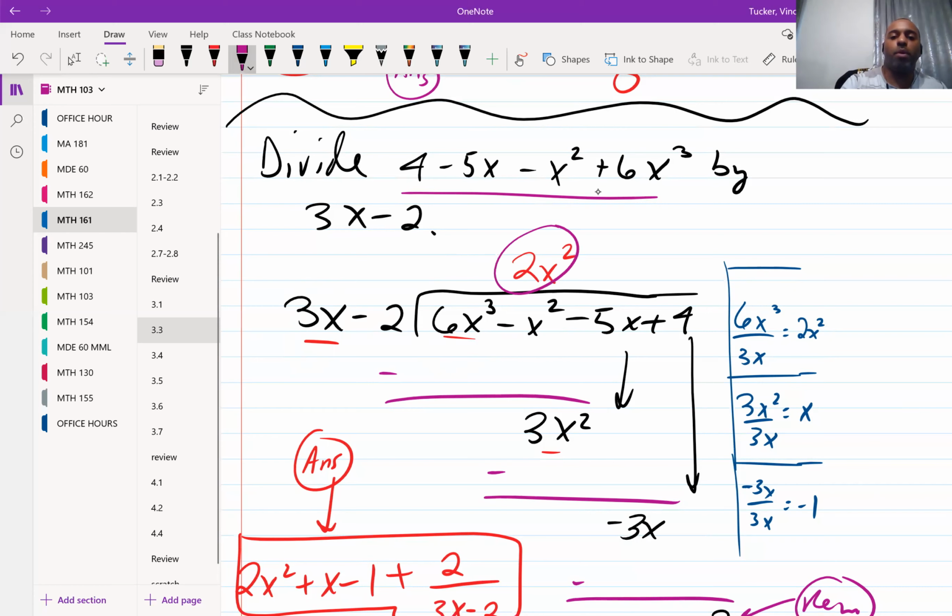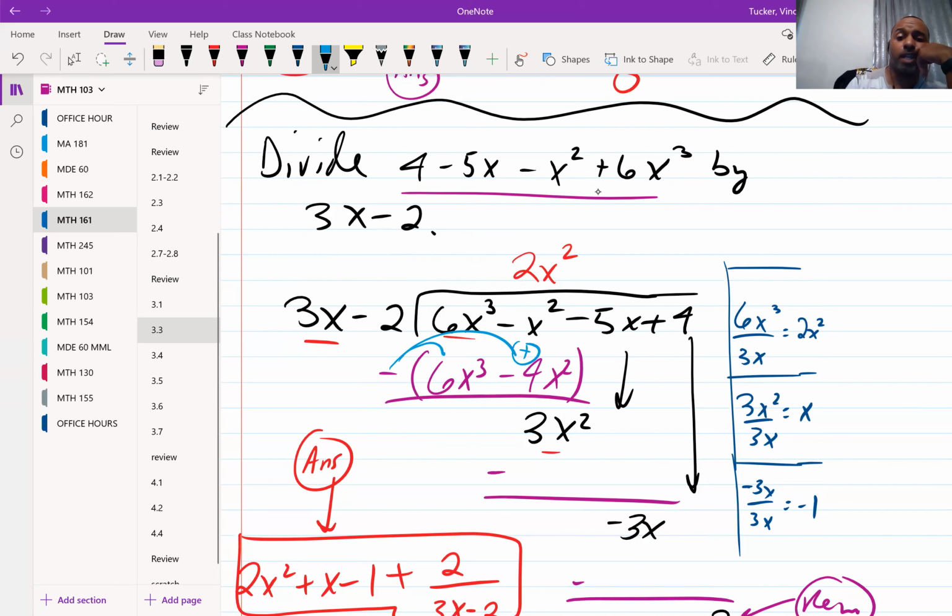Take the 2x squared, multiply it to each term. That's going to be 6x cubed minus 4x squared. From there, subtract both terms.